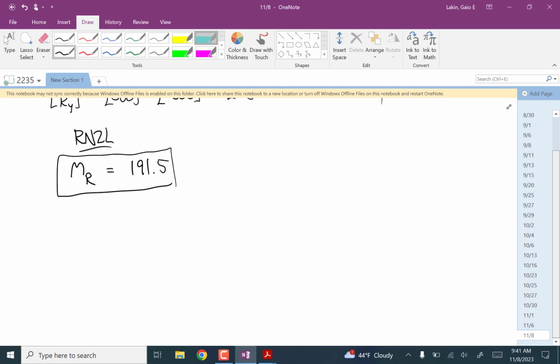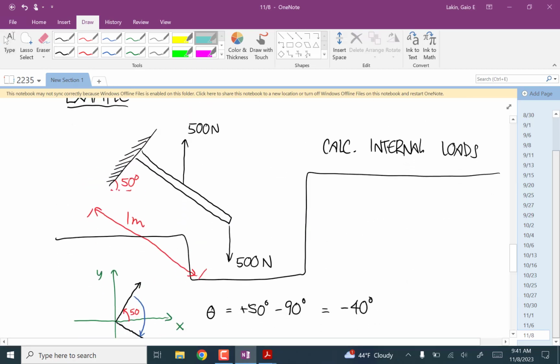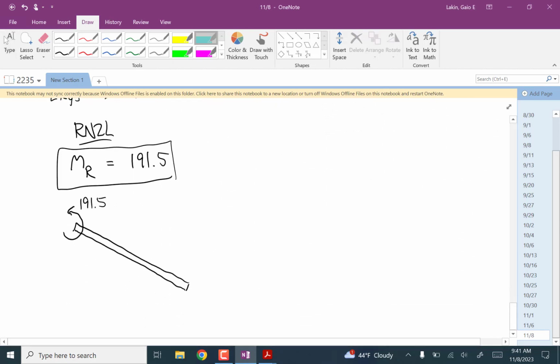Okay, so we have this beam like this. We have a counterclockwise couple of 191.5, an upward force of 500 here, and a downward force of 500 here.